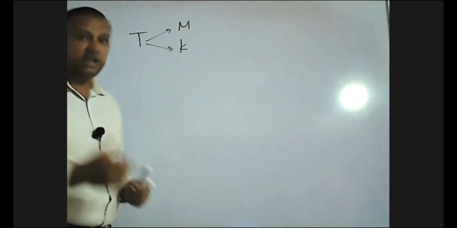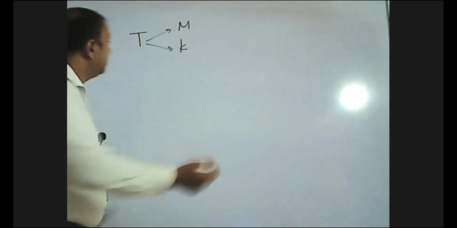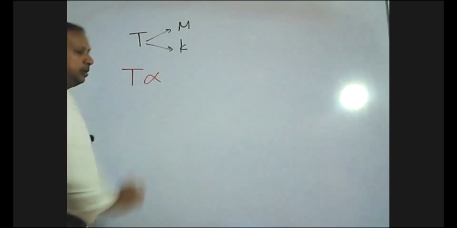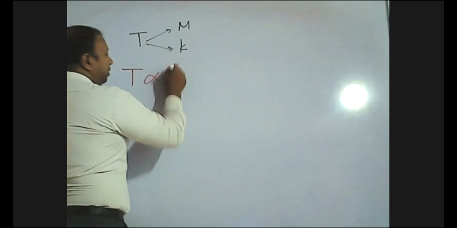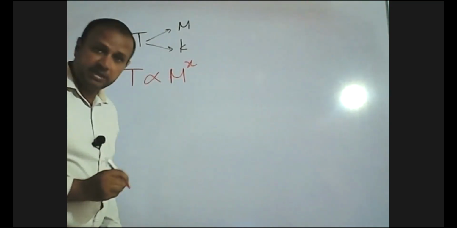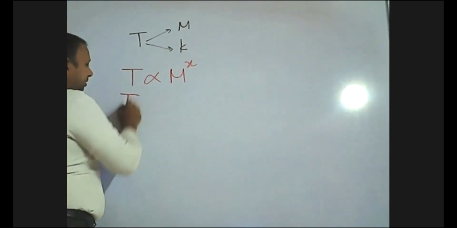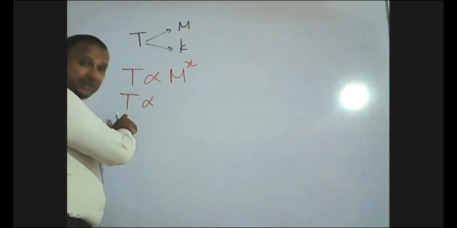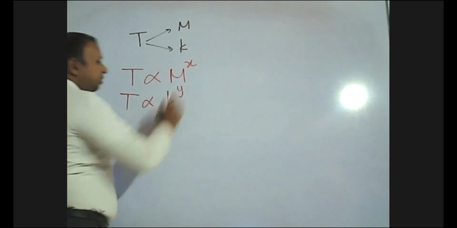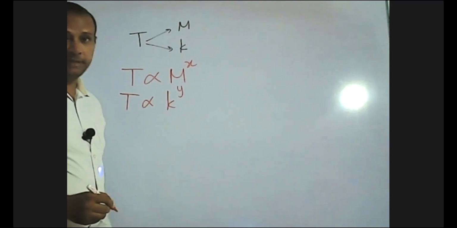So my first step is the assumption. I will assume the period of oscillation is directly proportional to some power of M. That is my assumption. And I will assume the period of oscillation is directly proportional to some power of K. K means spring constant.